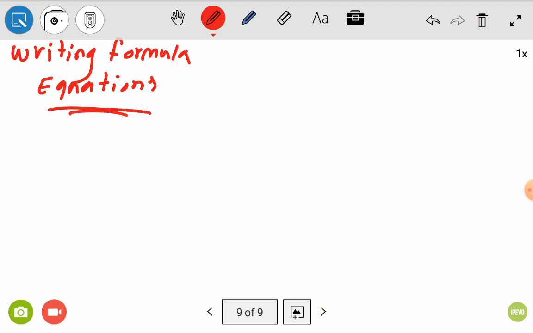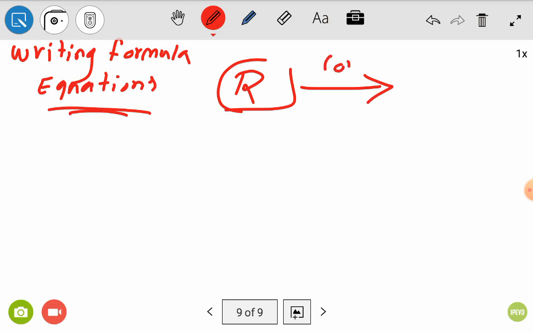Okay, first of all, we have to know that in writing a balanced formula equation, the equation itself is supposed to have a reactant, as we said before, and an arrow that represents the condition of the reaction, and the product on the other side.